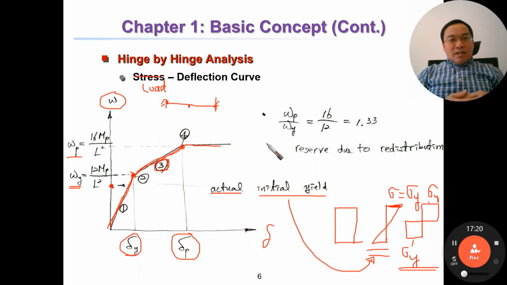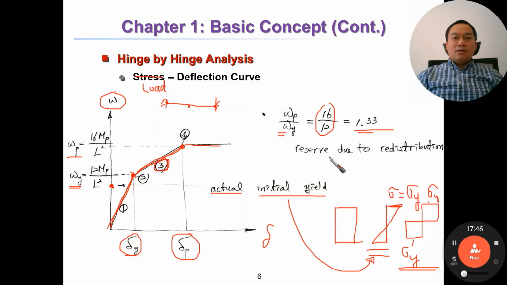And one more thing is the ratio between the collapse load and the elastic limit load. You can divide this over this, equal to 1.33.